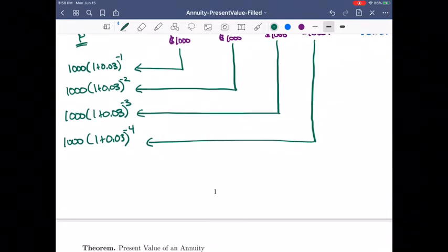So the amount we need now, I'm going to call it PV, the present value. It's like the P, and it's all of these added up. So these are all 1.03.